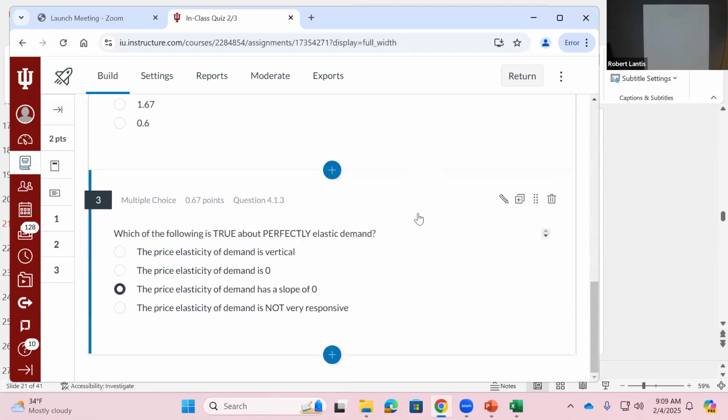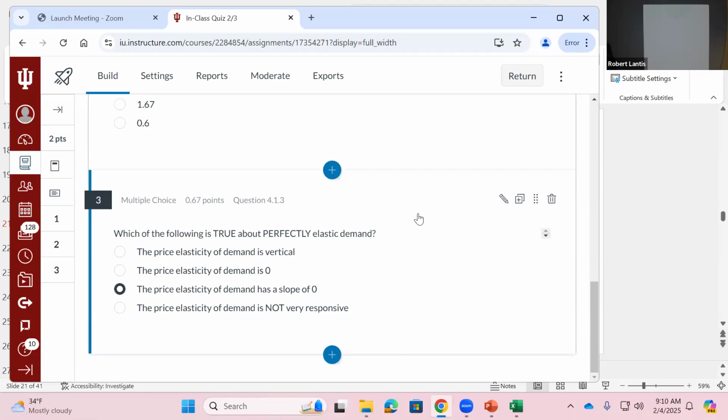All right. If I had truly perfectly elastic demand, that means there could be changes in the price, and what am I going to do? I'm going to be very, very responsive, which means if you increase the price a little bit, my quantity demanded goes all the way to 0, basically.